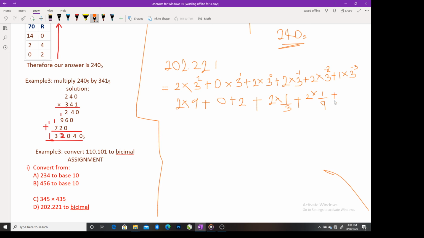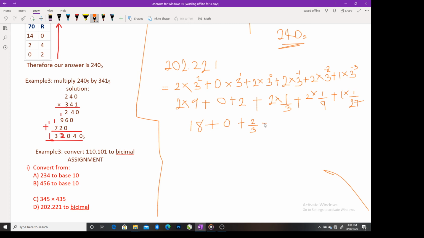Then plus 1 times 1 over 3 raised to power 3, that is 1 over 27. So here will be 18, plus 0 times 2 is 0, plus 2 over 3.